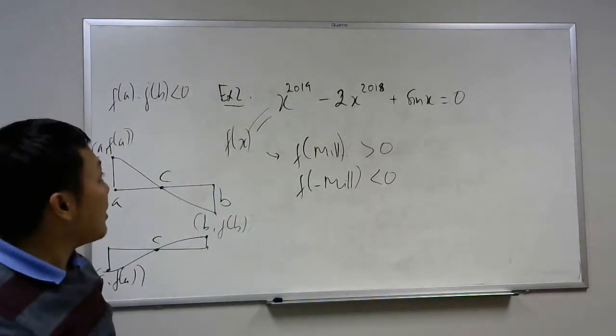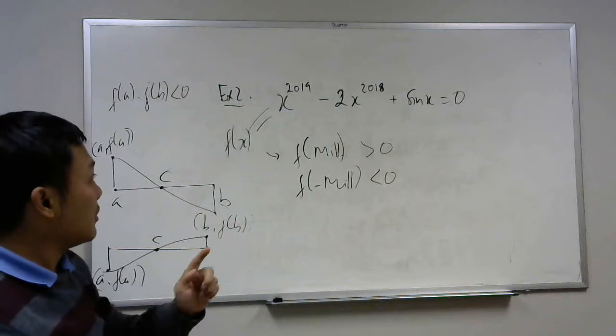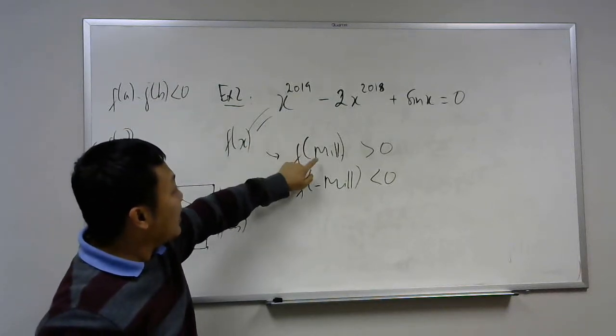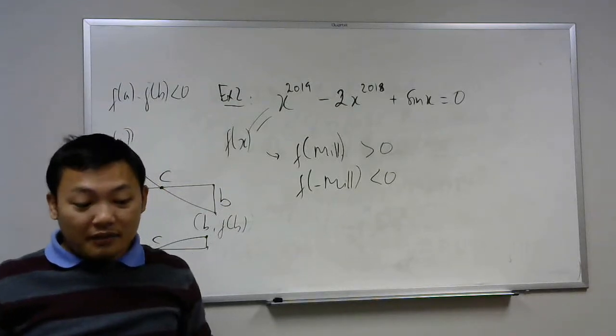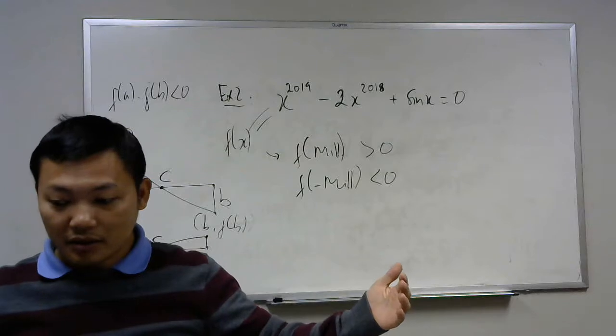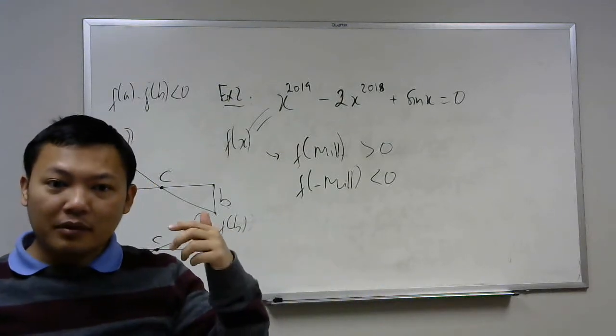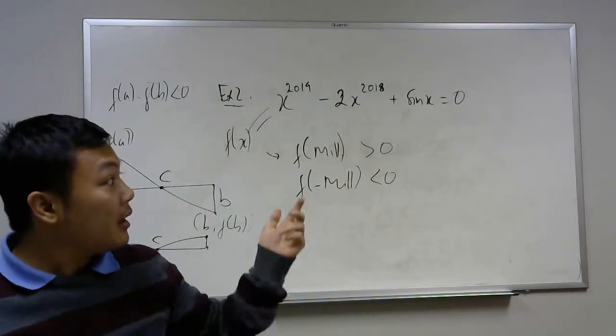So that means by the IVT theorem, there exists at least one solution of this equation between -1 million and positive 1 million. Of course, that is not a very good interval because -1 million and positive 1 million are very far from each other. We use the IVT theorem to prove the existence of the solution.